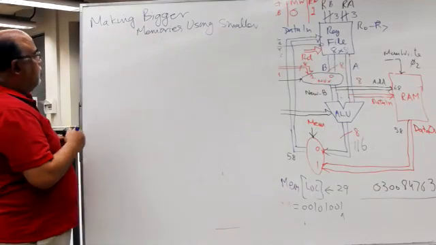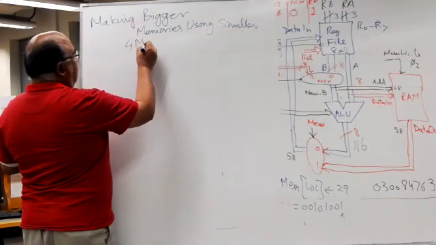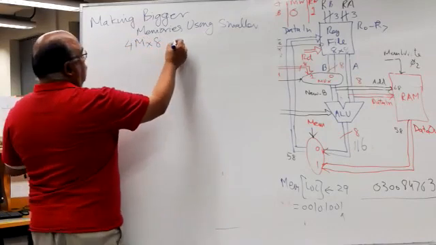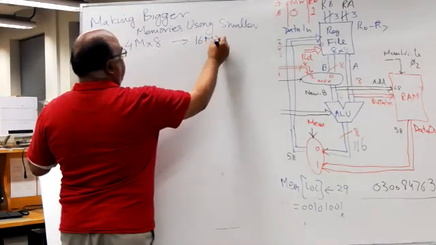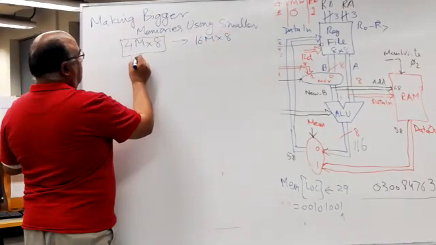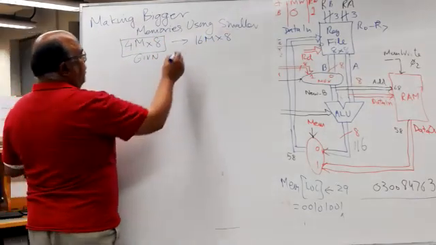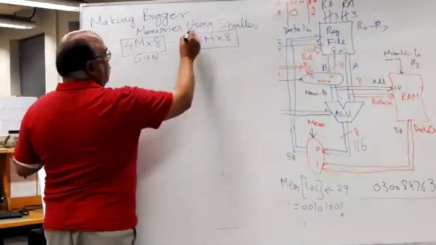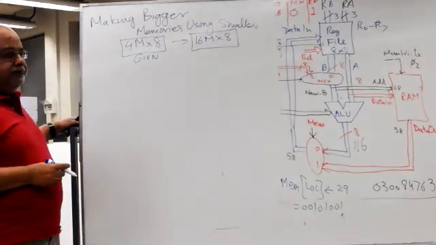So here, for example, you want to make a 16 megabyte multiplied by 8. One chip is a 4 megabyte multiplied by 8, and you have to make a memory array of 16 megabyte multiplied by 8.